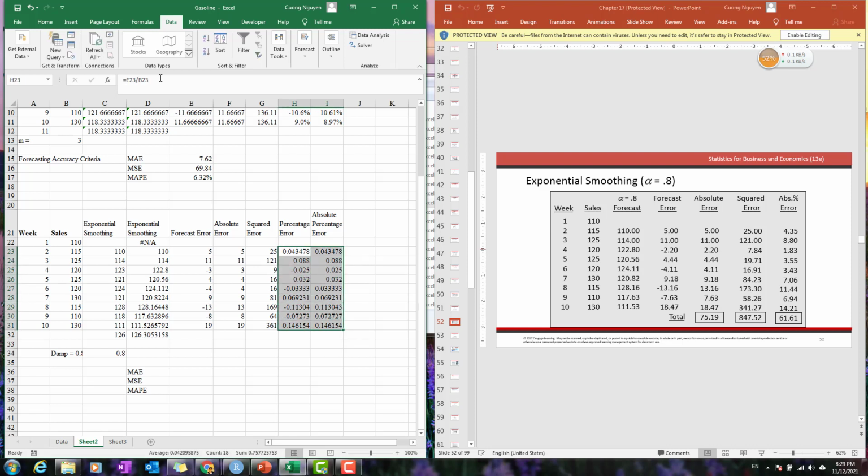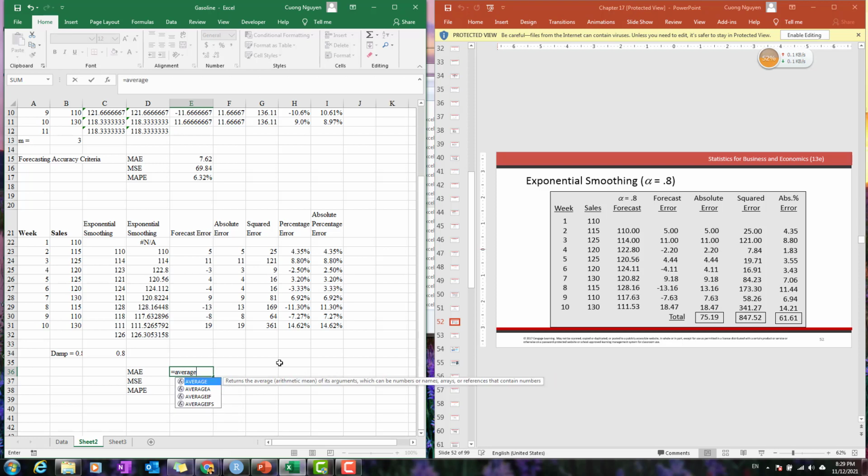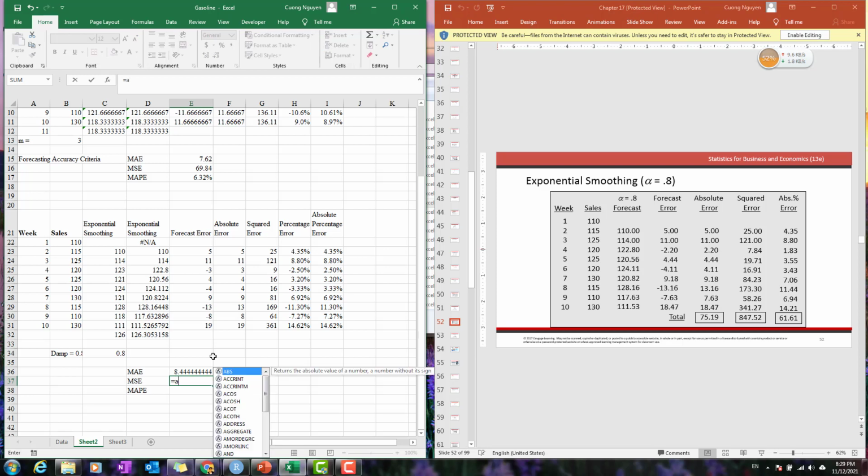However, I turn it into the percentage symbol, so that will be easier for you to understand. And now the mean of the absolute errors, I would just have to use the average of all the absolute errors. Okay, this will be it. Another one, mean of the squared errors, the average of the squared errors.